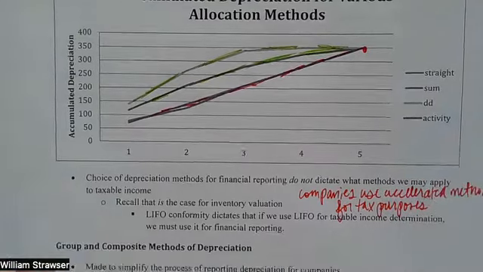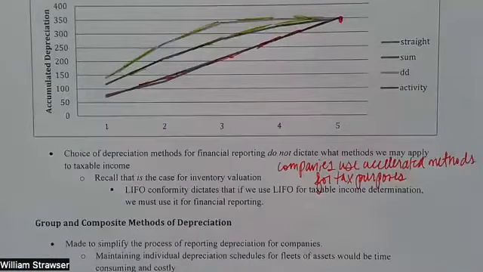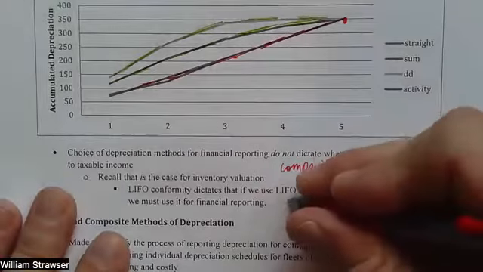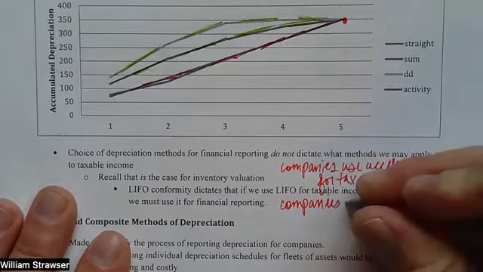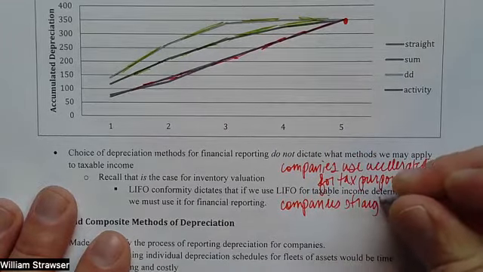Which provides them with higher expenses in the first years. It saves them taxes faster. And companies use straight line for financial reporting.